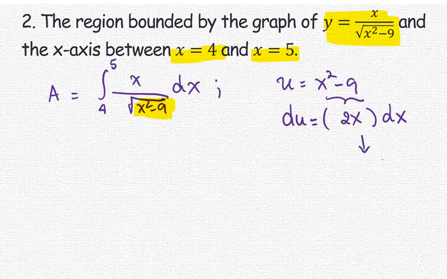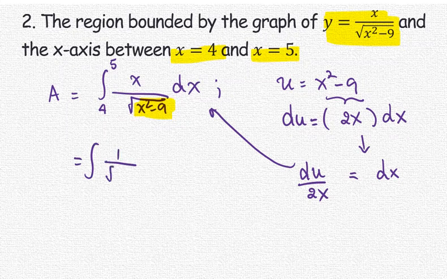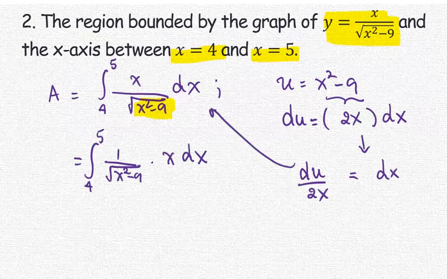And then work on this as solving for dx. dx is du divided by 2x. We're going to bring it back into the problem and simplify one at a time. If you untangle it, this is 1 over square root of x squared minus 9 multiplied by x dx from 4 to 5. Recall 4 and 5, they are x value.